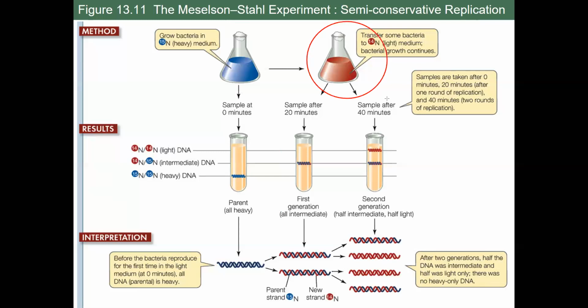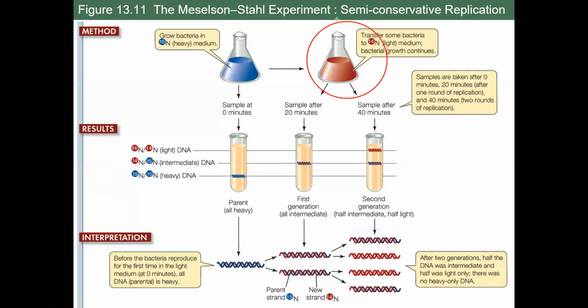That way, whenever they replicated, any new strands of DNA would be relatively lighter because they were made with nitrogen-14. They kept the bacteria in that solution for about 20 minutes, which is about how long it takes for all the cells to replicate only one time.